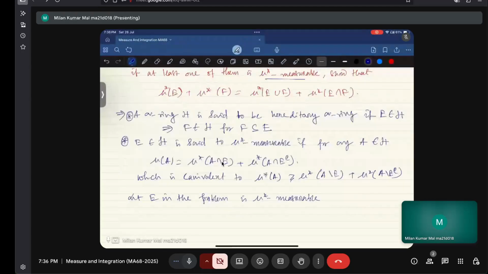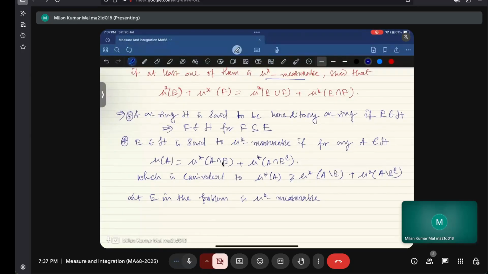So now what can we choose for A? If we choose A equal to F, what will we get?